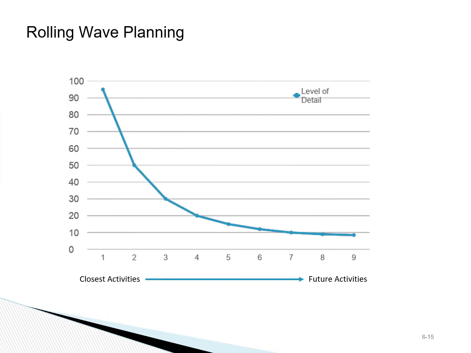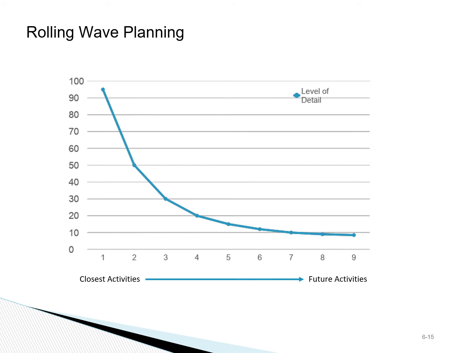In the rolling wave planning approach, we reiterate the decomposition process with the primary focus on the tasks that are coming up, rather than the tasks that are later in the project. The future components will then be broken down in the future iterations.